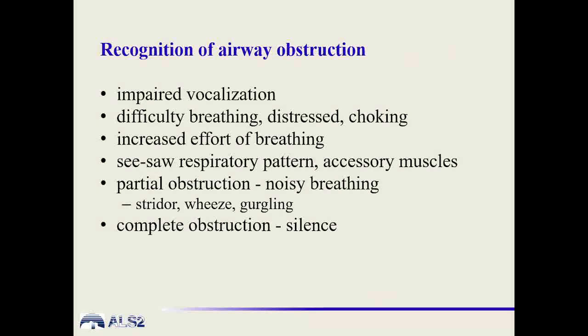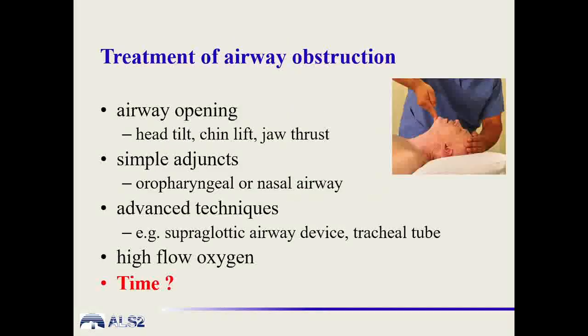So if you have a recognized airway obstruction, you know what to do, right? These are the signs and symptoms that you might have in that patient if the patient is having airway obstruction. But if he is not having airway obstruction, you can just put a mask and high flow oxygen and go to the next step.